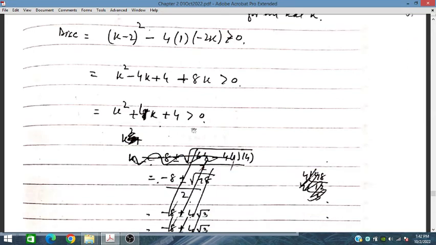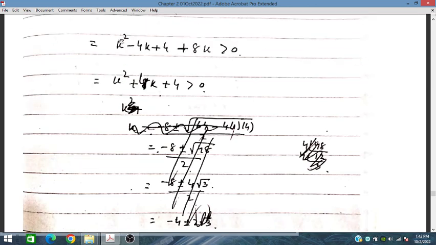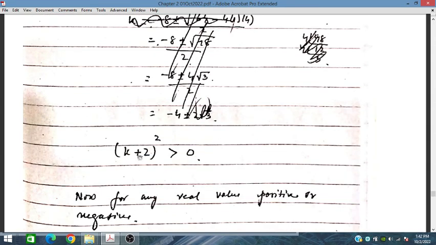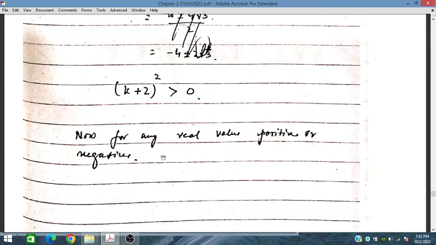This condition is this: k square minus 4k plus 8k plus 4 is greater than 0. For any real value of k, positive or negative, this gives you greater than 0.